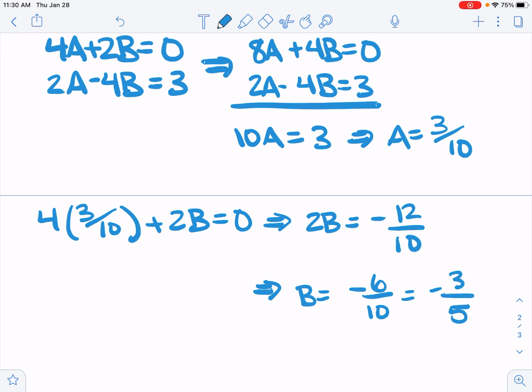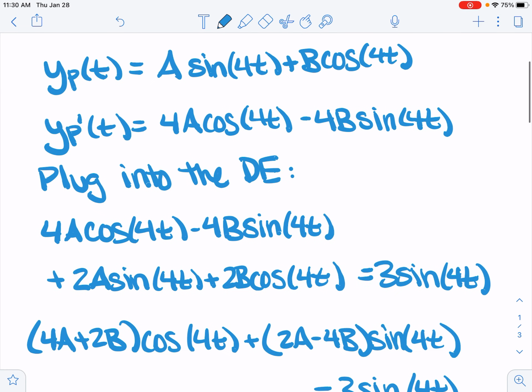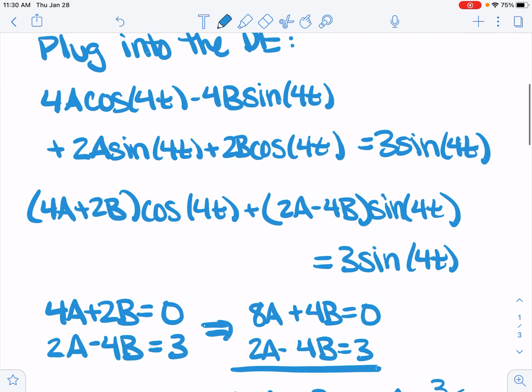So I've figured out my undetermined coefficients, A and B. And that gives me my y sub p. My y sub p was a cosine. Sorry, it was a sine.